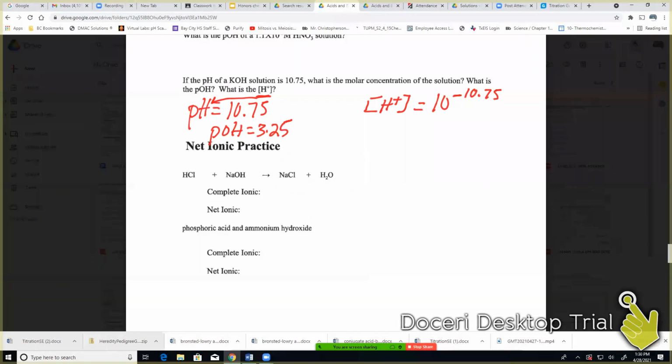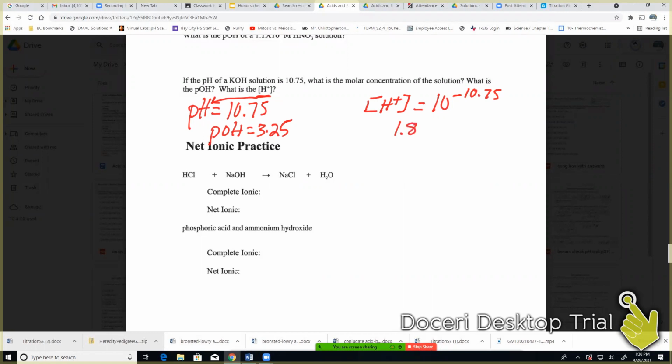It's two places behind the decimal, so I have two sig figs. So when I get my H plus concentration, I want two sig figs. And on most of your concentrations, not on your pH or pOH numbers, you'll probably have a negative exponent, a very small number. So what did we get for that one when we plugged it into the calculator?